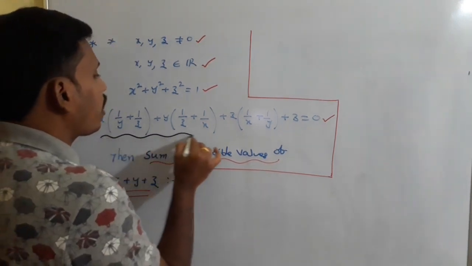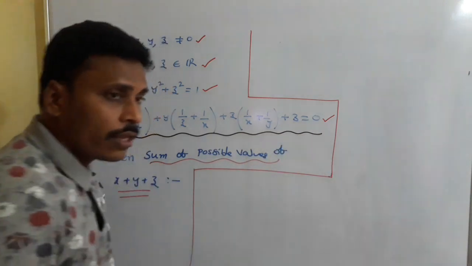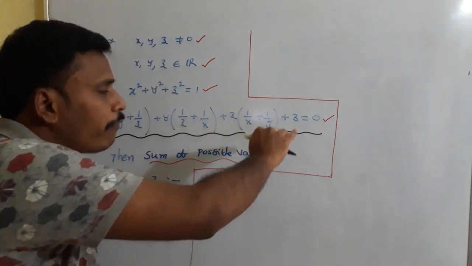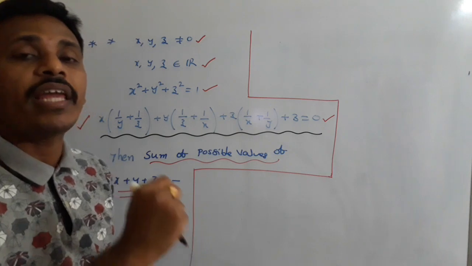I'm concentrating on this particular relation at first. You just multiply everything with x into y into z.